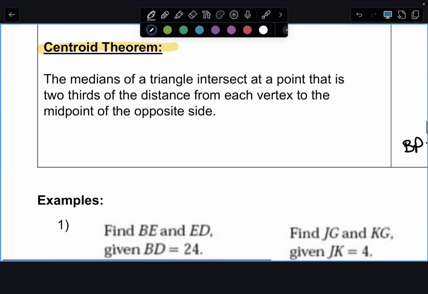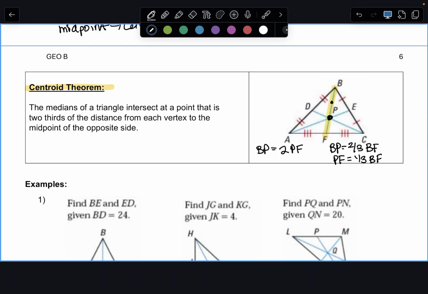Here's the trick that I want you guys to use if you are not confident working with fractions. Depending on what information you're given, I want you to work these problems differently. If you are given the small piece, okay, so you're given right here, PF, then to get to the big piece, I want you to multiply it by 2.